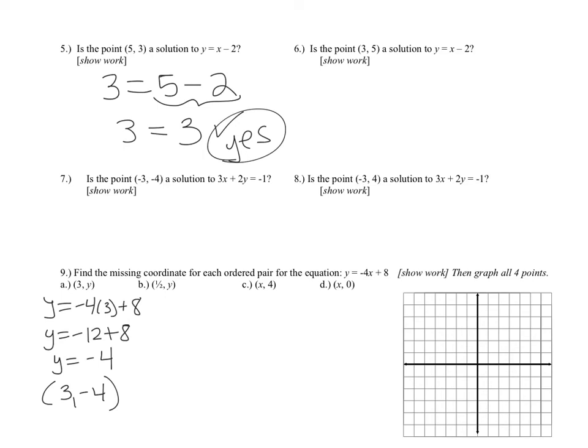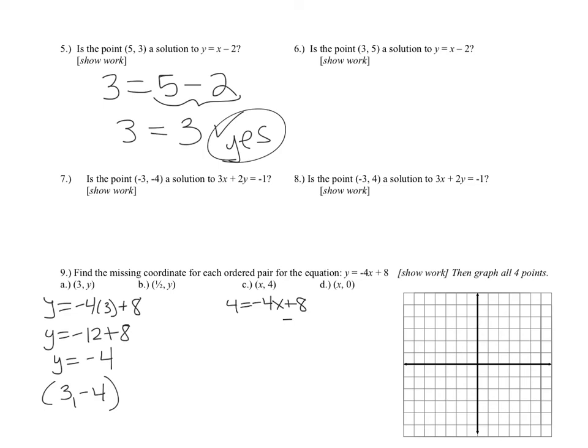For C, I'm asking for x, and I'm giving you y. So you're going to replace the y in the equation with 4, and you solve for x. So you're going to do 4 equals negative 4x plus 8. Now in this case, I can't just do the math. I have to actually find the value of x. So I'm going to work backwards.